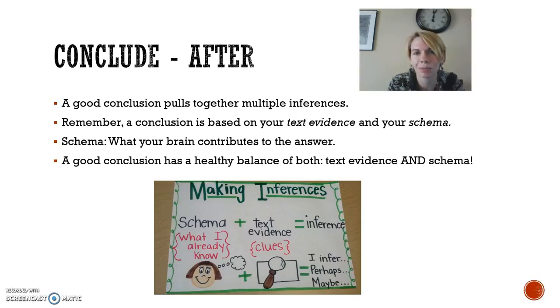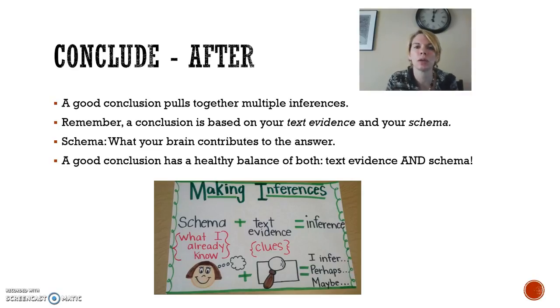So we'll just talk about another example from Of Mice and Men, since that is one of our books in my class. The author never comes out and tells you that Lenny has some type of intellectual disability, but that's a conclusion that you can pull by, number one, using all the evidence that the author leaves for you in terms of Lenny's behaviors and the problems he's had in the past, plus your schema.